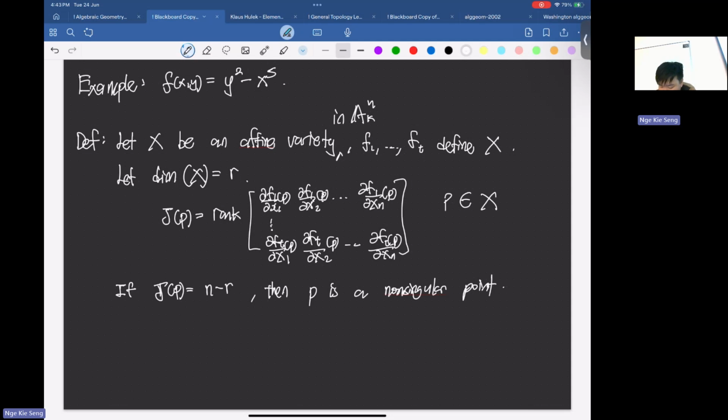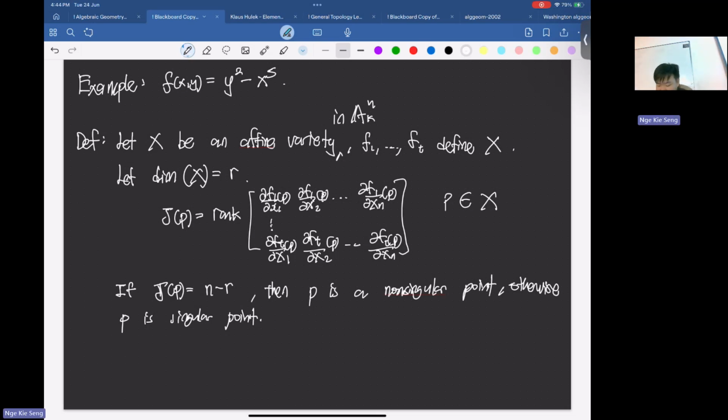And of course, if the rank of J at p is not equal to n minus r, then p is a singular point.